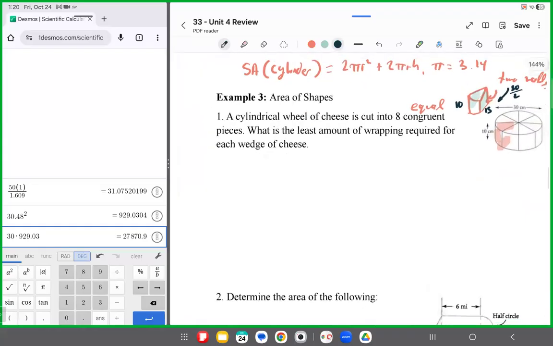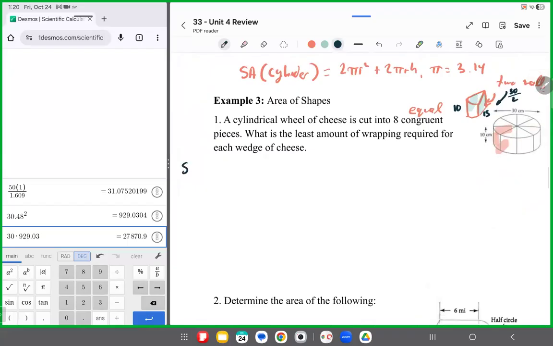And let's compute this. So for the surface area of the cylinder, it's worth noting that for us, R is going to be equal to half of 30, so it'll be 15, and H will be equal to 10. So the surface area will be 2 times 3.14 times the radius 15 to the power of 2 plus 2 times 3.14 times 15 times 10.